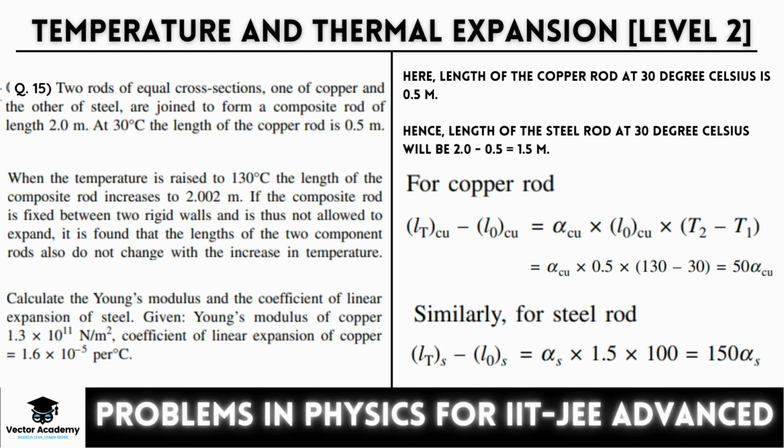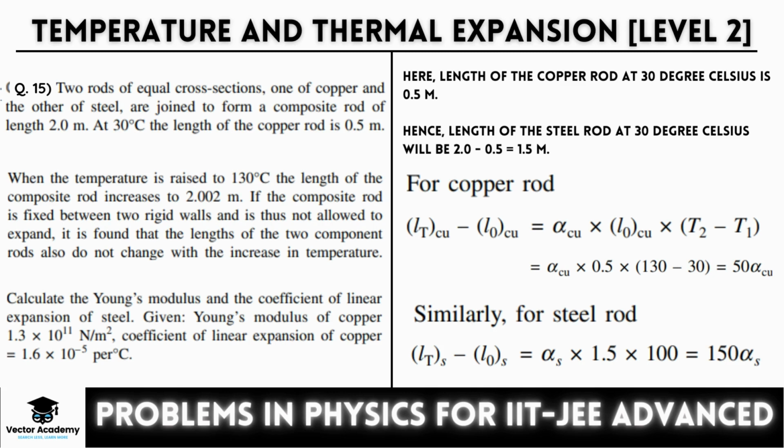For copper rod, change in length, Lt minus L0, when the temperature is raised from 30 degrees Celsius to 130 degrees Celsius is given by coefficient of linear expansion of copper alpha Cu multiplied by L0 of copper multiplied by change in temperature. Putting values we get change in length for copper equals 50 into alpha Cu.